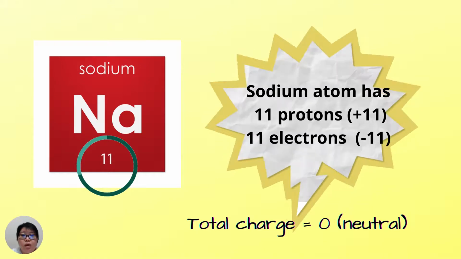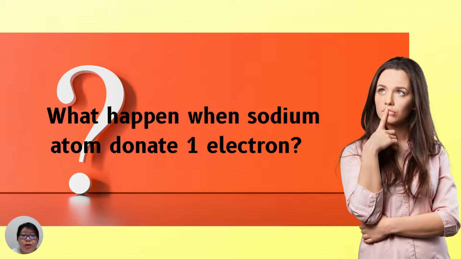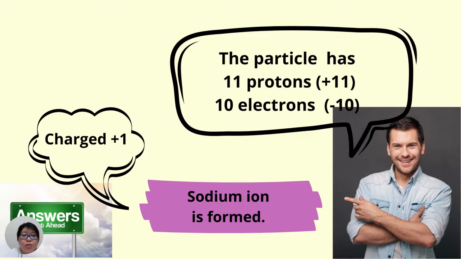Now what happens when sodium atom donates 1 electron? Do you know the answer? Let's look at the charge. When sodium atom donates 1 electron, it is no more called an atom. This is because the electron is donated, and now it has a charge of negative 10 for the electrons. And for the protons, it still remains positive 11.